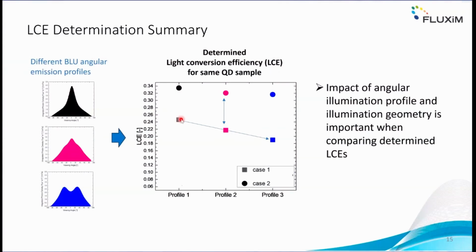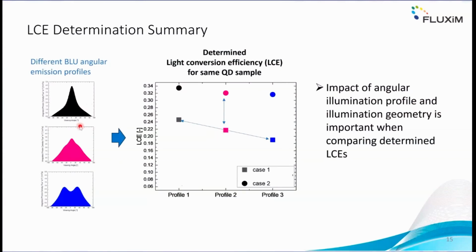And you see on this result that for case 1, where the illumination area is small, we have a smaller value of the conversion efficiency. If the illumination area is larger, then the apparent conversion efficiency is overestimated, it's much larger. And it even depends on which angular profile of the light source you use.